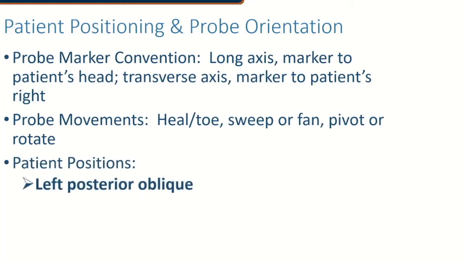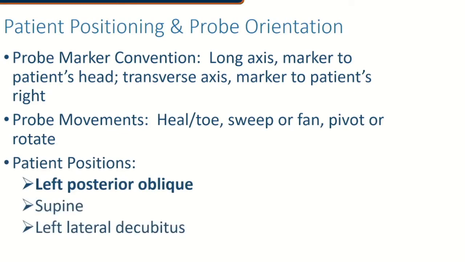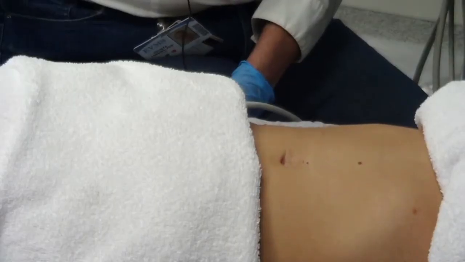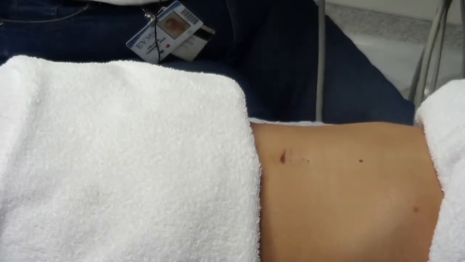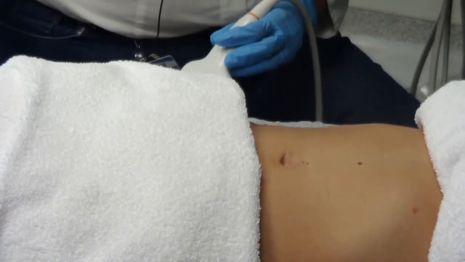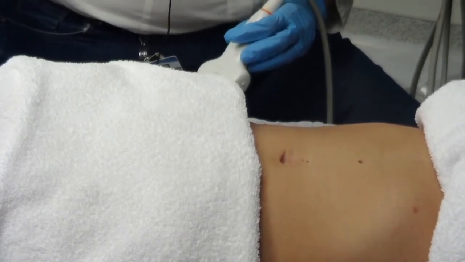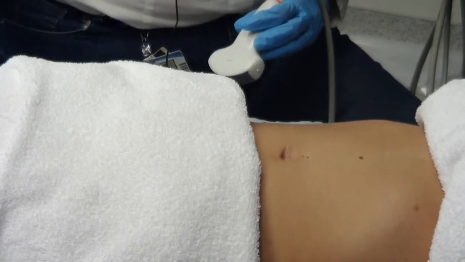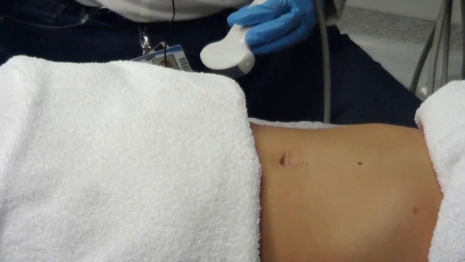The patient positions that are optimum for liver, certainly supine is an option, but we may find that we have to roll our patient LPO or even LLD to adequately move the liver out from under the rib cage.